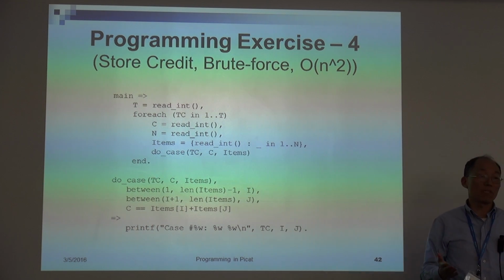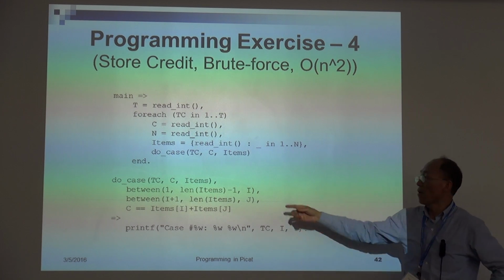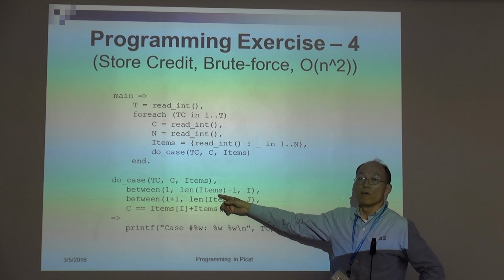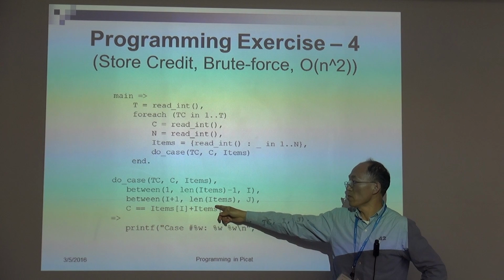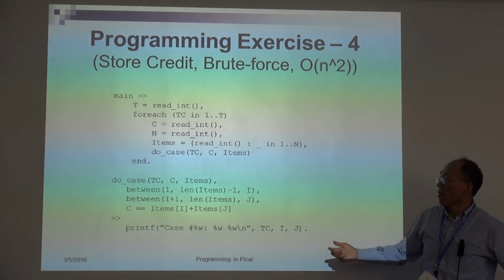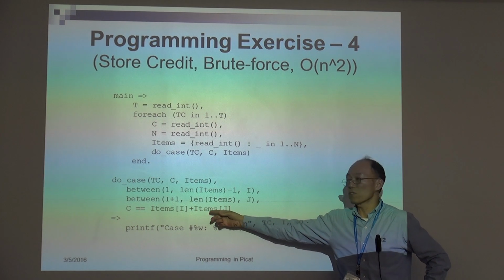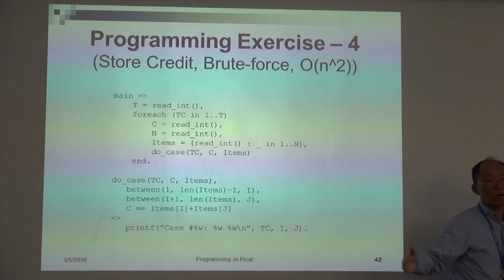Between is a non-deterministic predicate, so it searches for two indices, I and J. I ranges from 1 to the length of the sequence minus 1, and J ranges from I plus 1 until the end. And then check the condition: the sum of the two items is equal to the store credit, and then print it out. Done. So it is called generate and test.